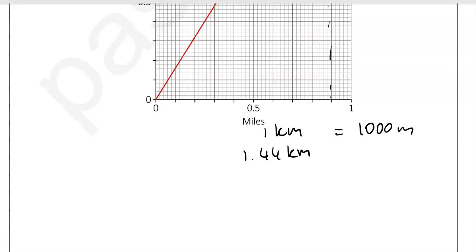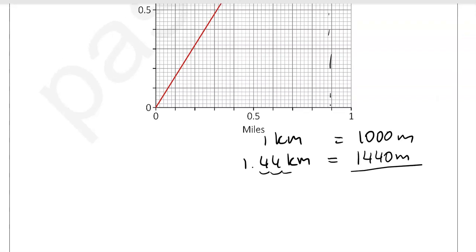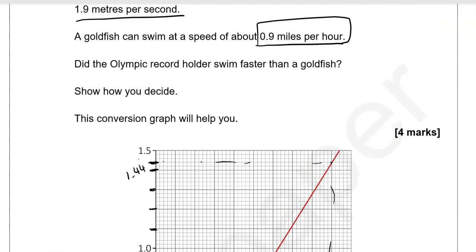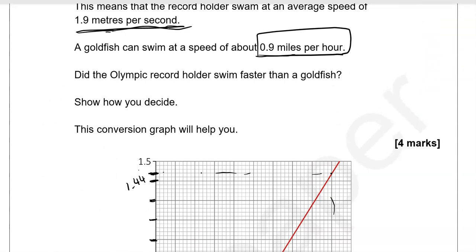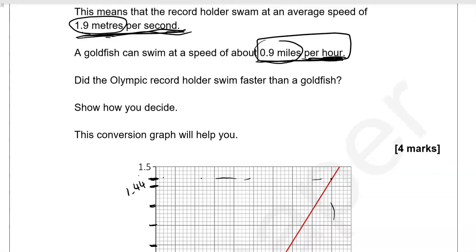So we need to multiply it by 1,000, which means moving the decimal point 3 places to the right, so we get 1,440 meters. But when this was given to us was in miles per hour, and we need to convert it into meters per second. We've so far converted the miles into meters, but we also need to convert the hours into seconds.